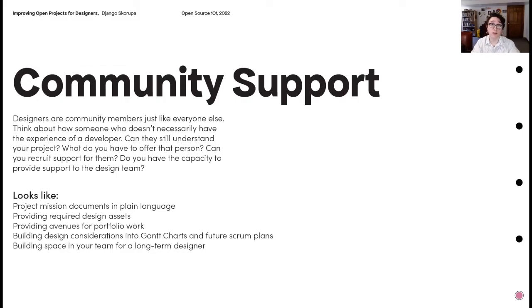It also looks like building design considerations into Gantt charts and then future Scrum or sprint plans, whatever nomenclature you use for it. And that's not just saying get design help week 1 through week 16.